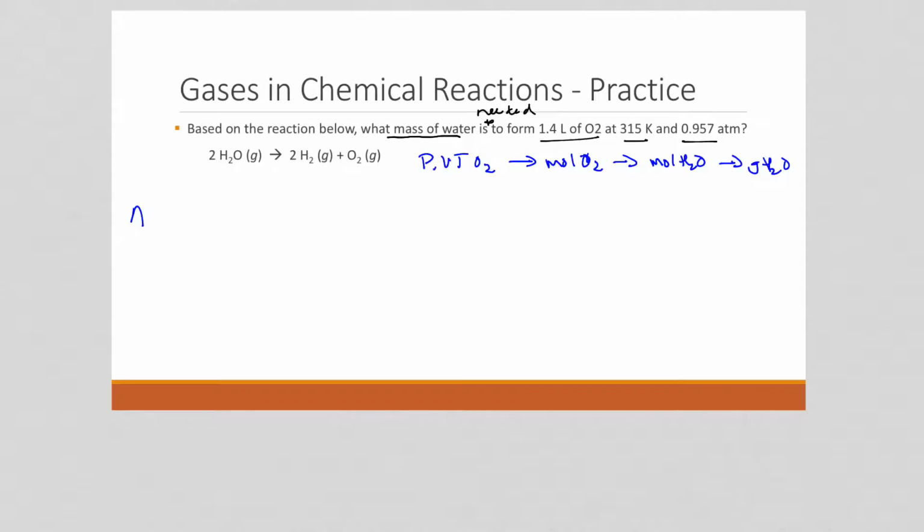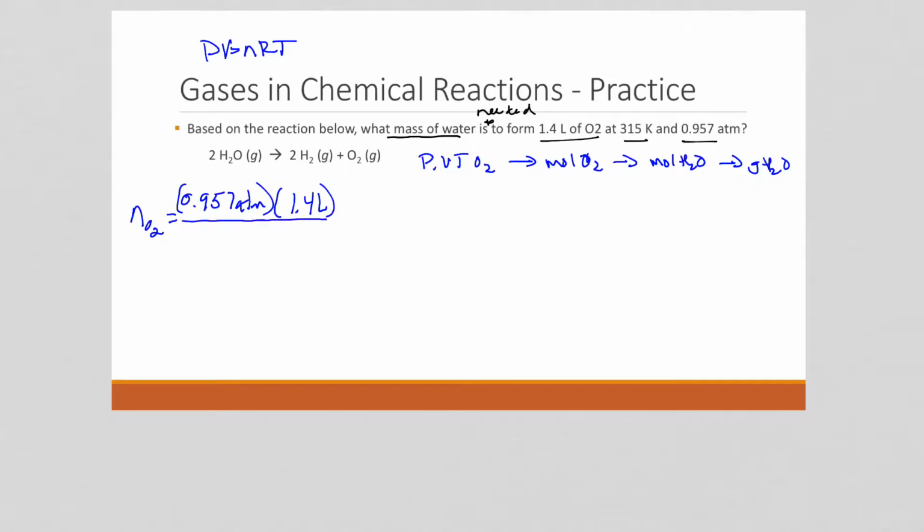So moles of O2 equals, so remember, ideal gas law, PV equals nRT, right? So n is going to equal PV over RT. So we have our P here of 0.957 ATM, right? That's the right units. And we have our V, 1.4 liters.